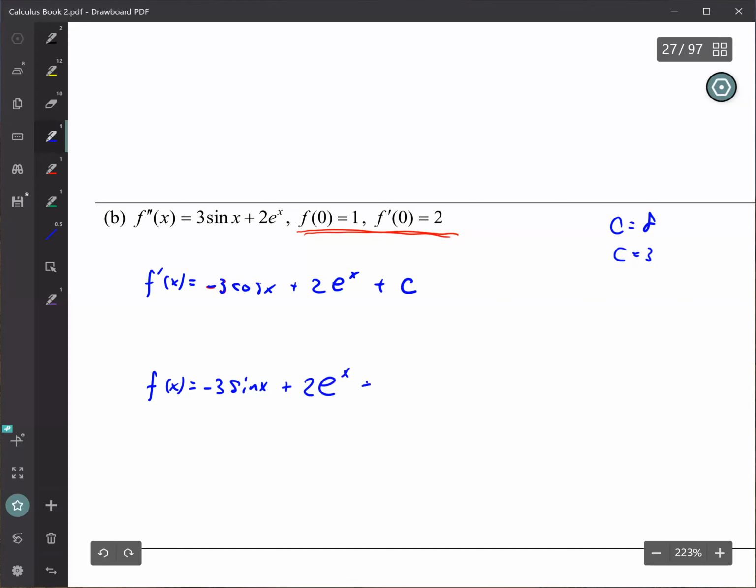Okay, next one. Let me ask Emily, what about the antiderivative of c? The constant. What prime can give you constant?